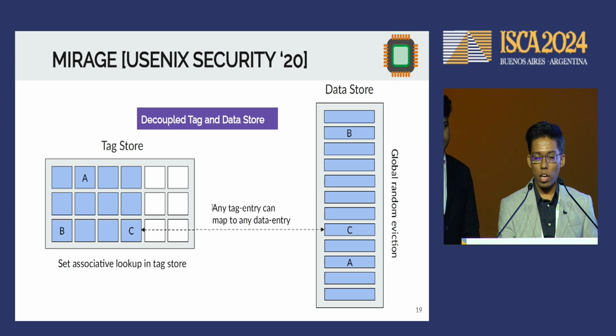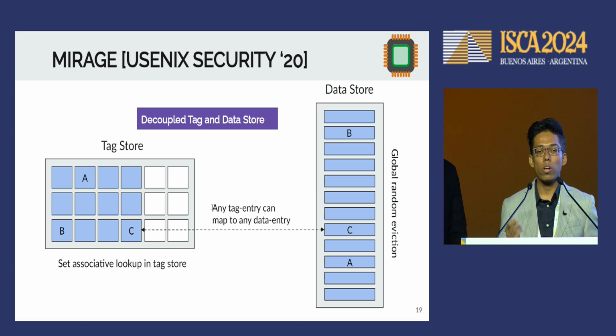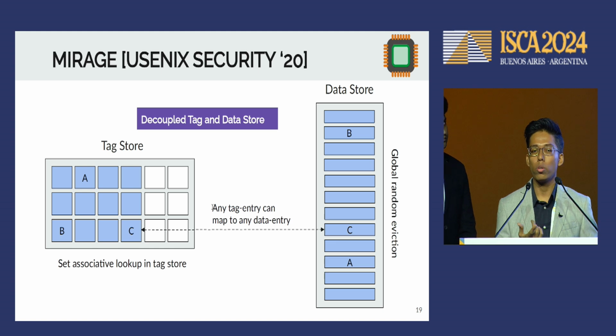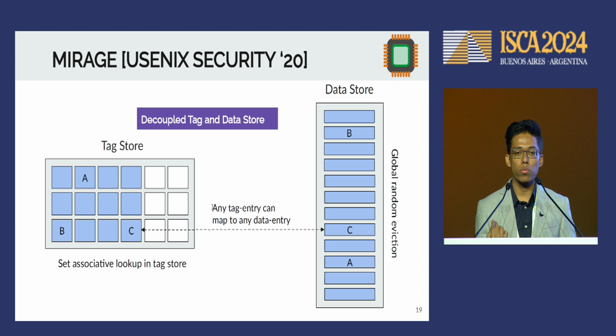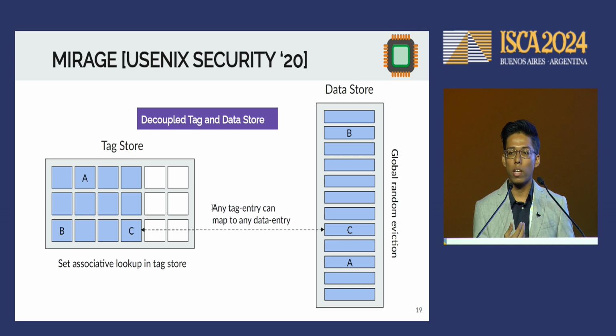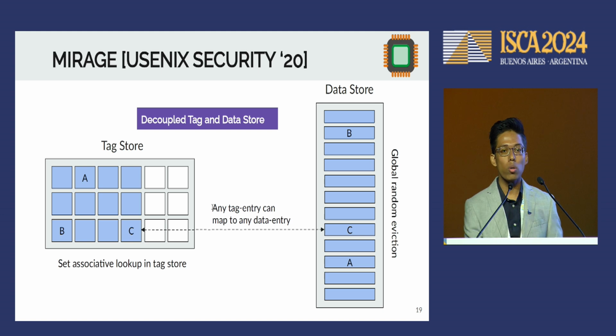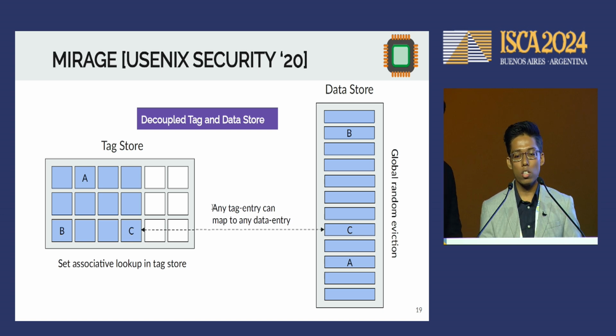These entries in the tag store and data store are connected with pointers, so you don't lose track of them. Whenever there is an eviction in the data store, it maps to a corresponding tag store entry and evicts that. Since the eviction is globally random, there is no guarantee that an eviction is from the same set in which the insertion is happening.